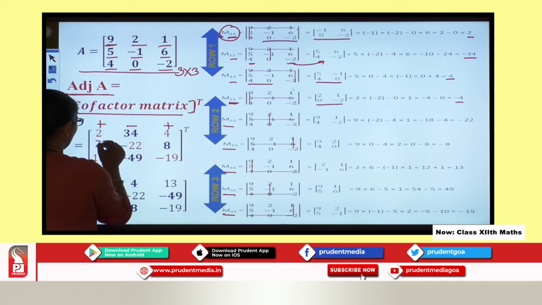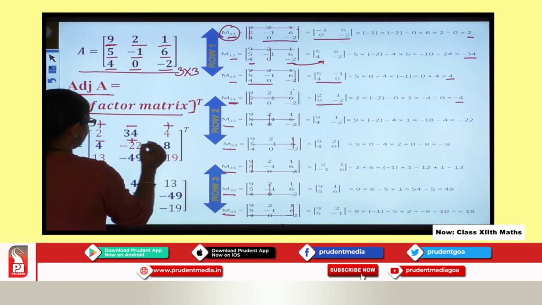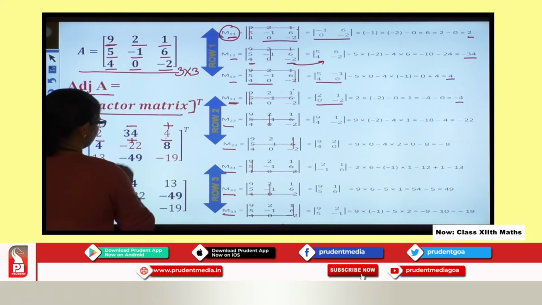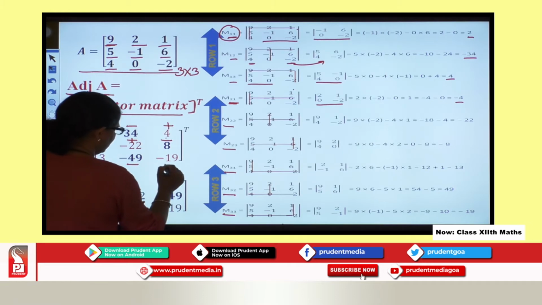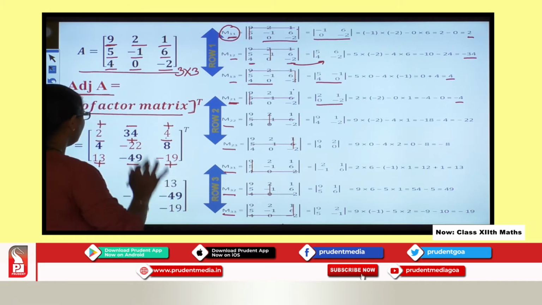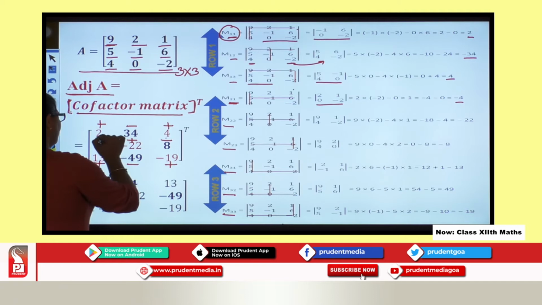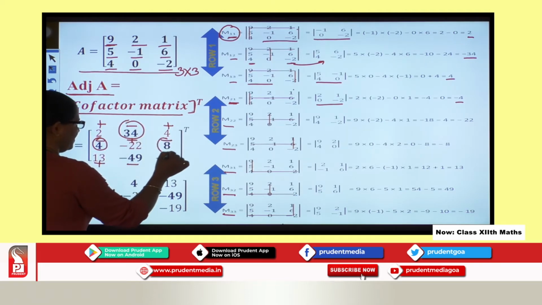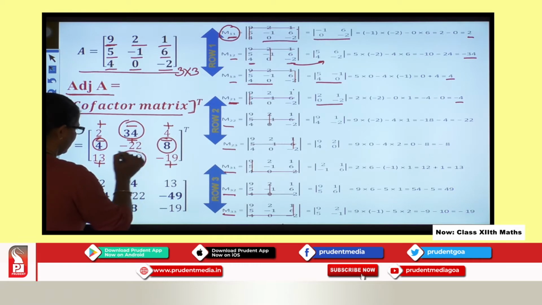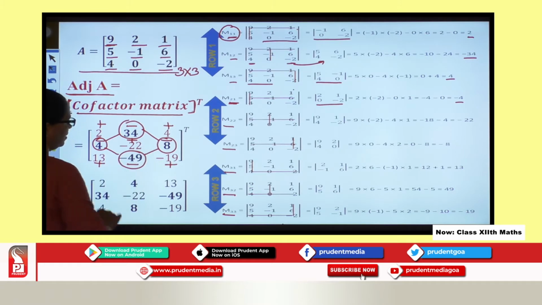Here I told you all minus, plus, minus. Here I told you all plus, minus, plus. Now just remember, whatever elements you have here, only the signs of those will change.